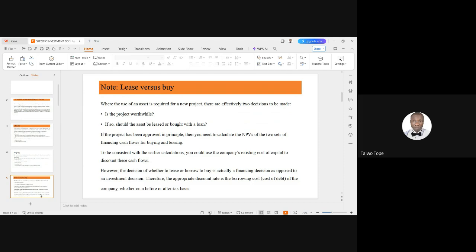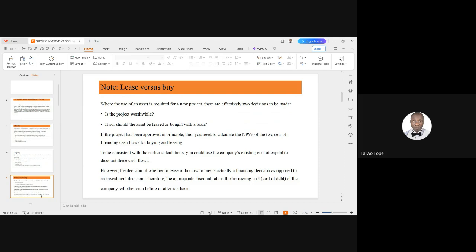If a company wants to start a new project that requires an asset, such as a machine, it faces two decisions, that is, the project appraisal decision and the financing decision.